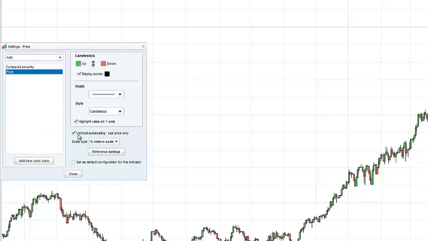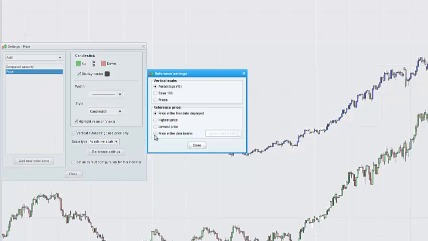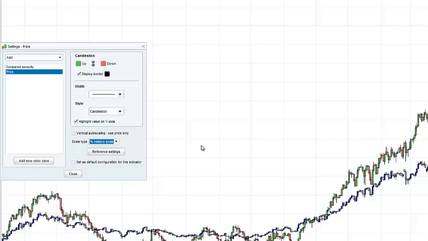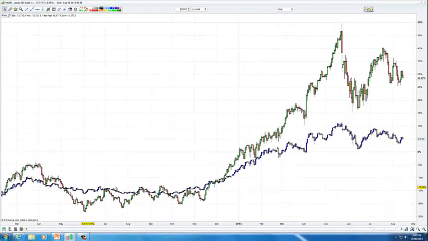If I go to price, click off that auto scaling so it makes it come onto the chart. I click on relative scale just to compare the price from, let's say, 2010.